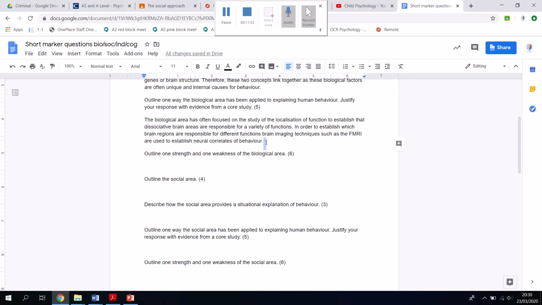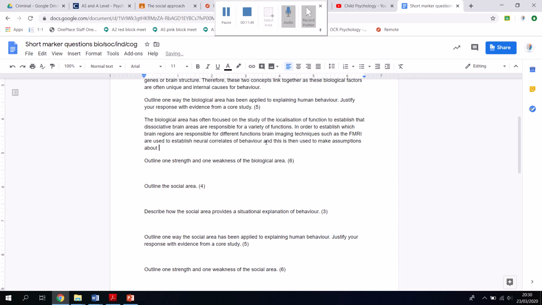And this is then used to make assumptions about the reasons for the behaviour of others. Okay. Then I'm going to start giving some detail on a study.